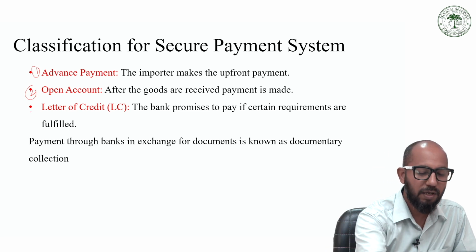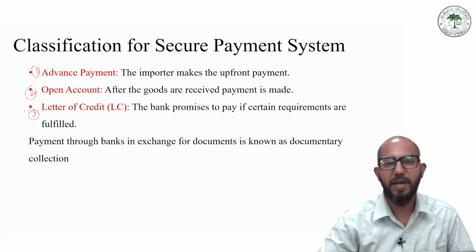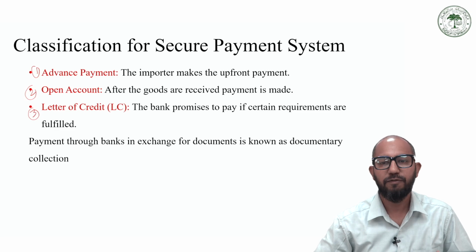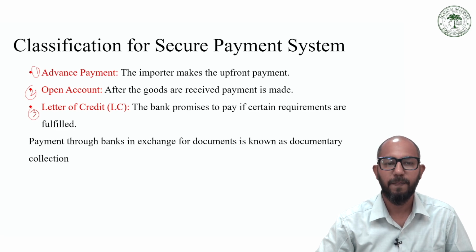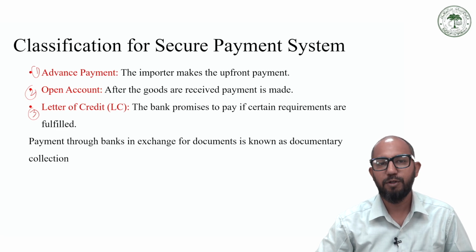And number 3, letter of credit, where the bank promises to pay if certain requirements are fulfilled. This letter of credit is the most widely used form of secure payment method. Thus, payment through banks in exchange of documents is known as documentary collection.